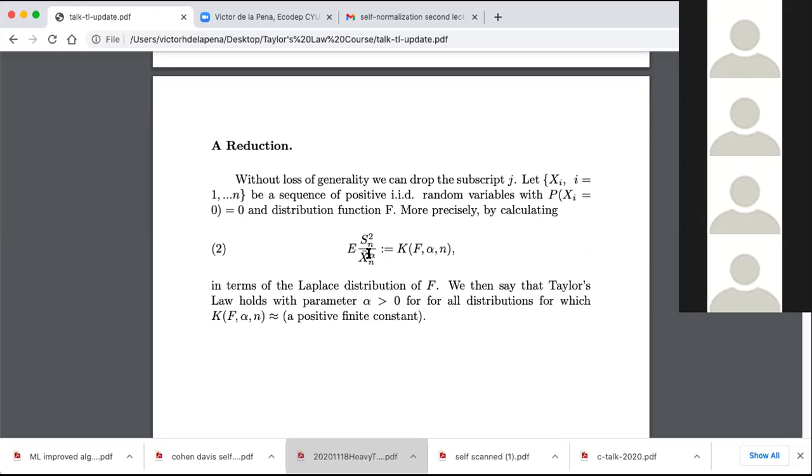Suppose that you know the Laplace function of the distribution f. Then we can say that Taylor's law holds with parameter alpha for all distributions for which k of f, alpha, n is equal to a positive constant. So this is really an inverse problem. And this is the reason why Taylor's law is so important.